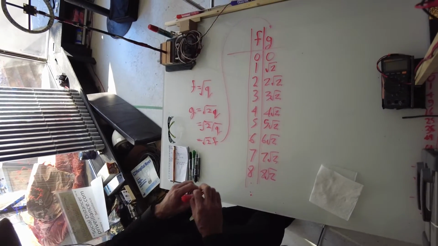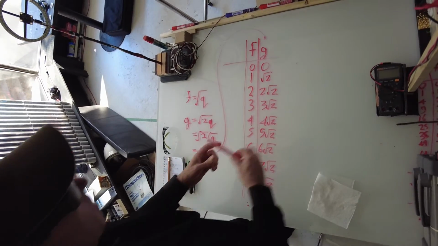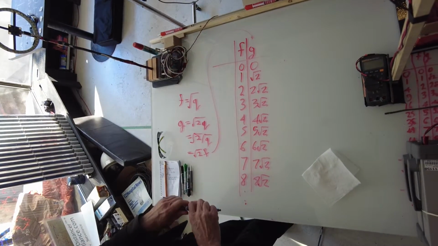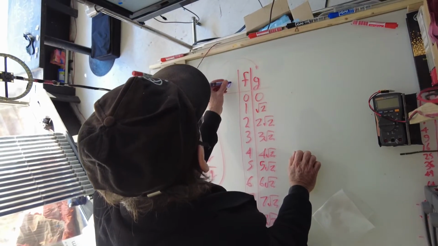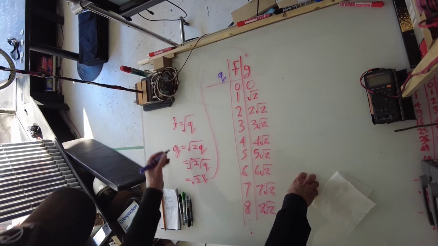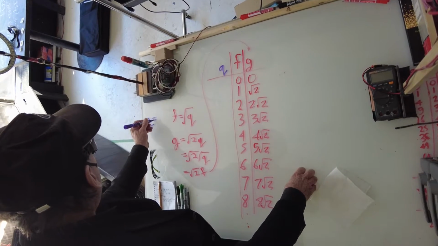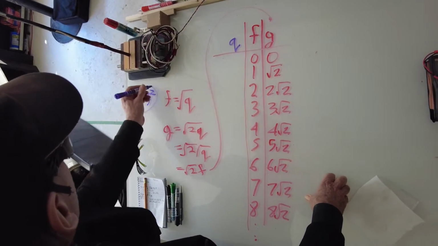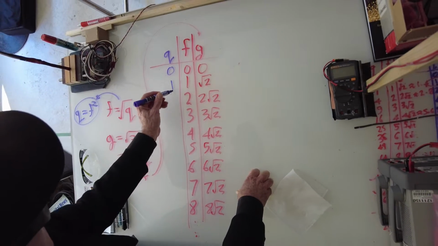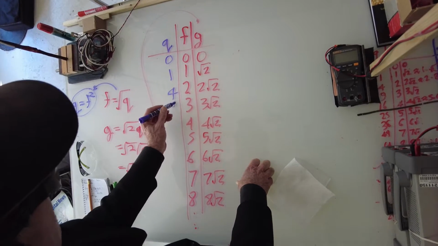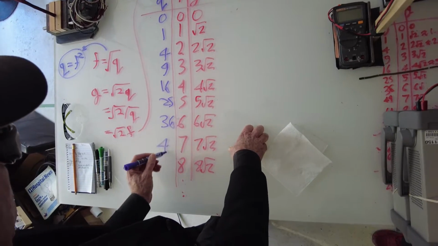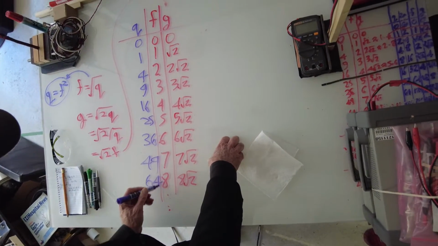And so now, if we know the thing that we normally wouldn't know, but let's suppose we do know, that q equals f squared, so it's going to be 0, 1, 4, 9, 16, 25, 36, 49, 64, and so on.